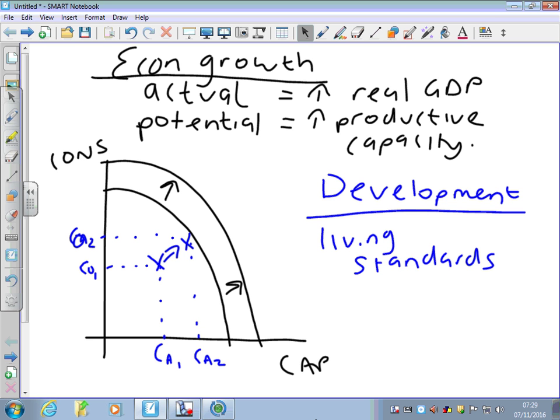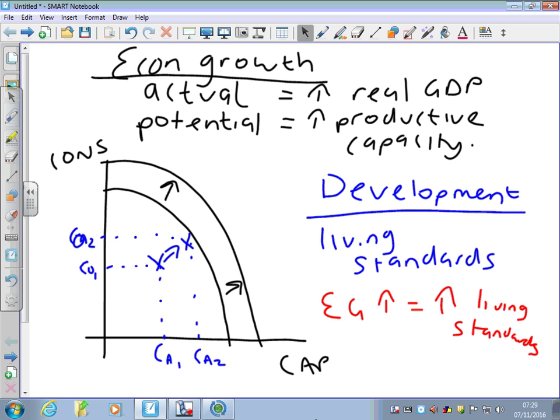Now, people often think that economic growth goes hand in hand with development. So in other words, people think that when economies grow, there should be a growth in living standards. Now, broadly, that's true. Think about why. If you've got more economic growth, it tends to be an employment force.